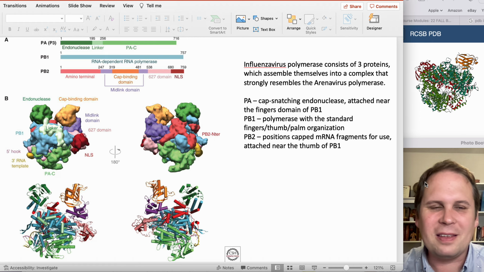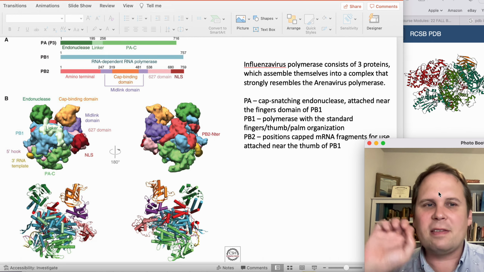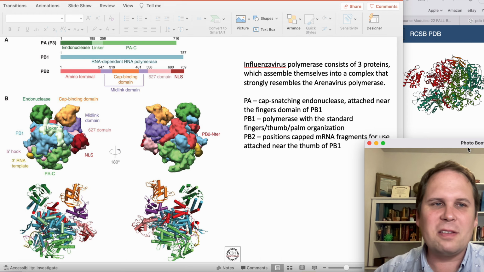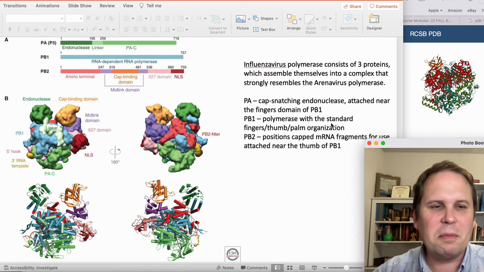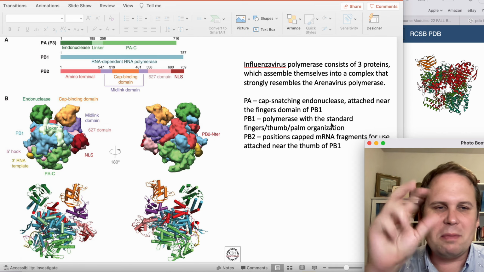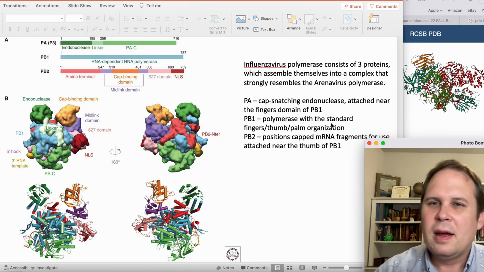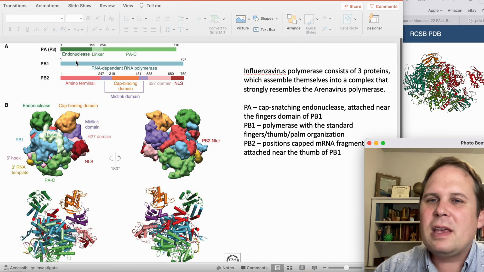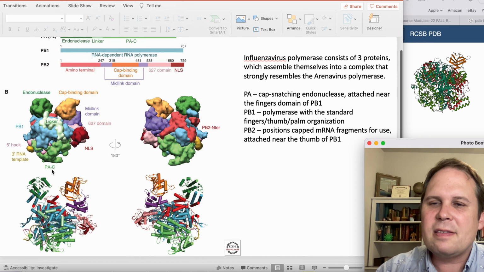Now, what can we do with this? Well, first off, let's see the influenza that we're comparing all these things to. And this is a structure of the big influenza enzyme with the PA, PB1, and PB2, like that. There we go. So here are the 3 proteins shown up at the top. Here is the structure, how they sit.